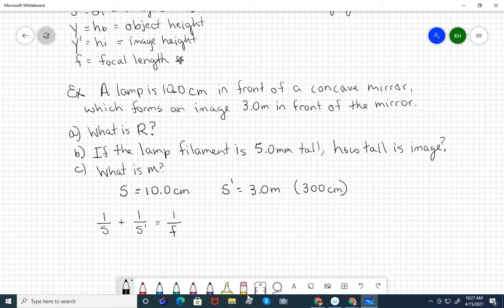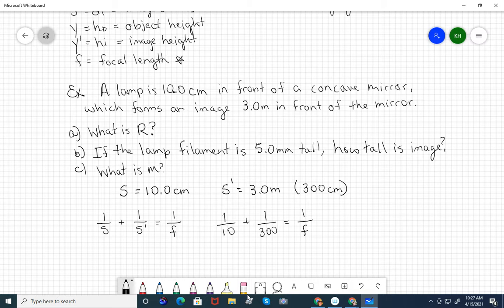So now when we solve this, we get 1 over 10 plus 1 over 300 equals 1 over F. Calculators were made for this. 1 over 10 plus 1 over 300.